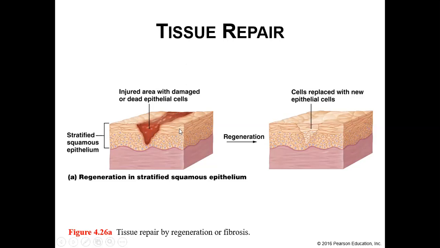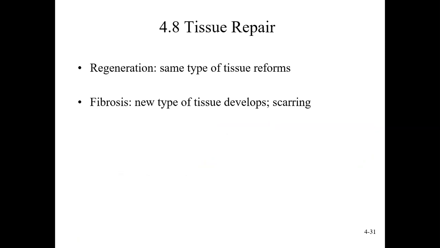Well, it's going to try to regenerate the epithelial cells and replace it with new epithelial cells. And so everything will function correctly. So that's called regeneration, when you're replacing the damaged cells with the exact same cell type that you started with. That's regeneration. Fibrosis is whenever you develop a scarring type tissue.